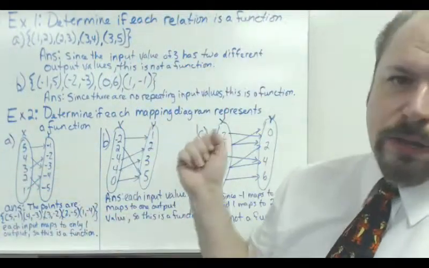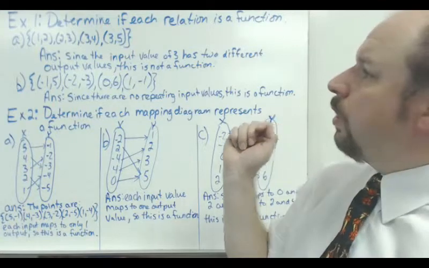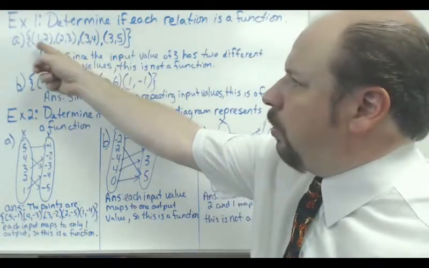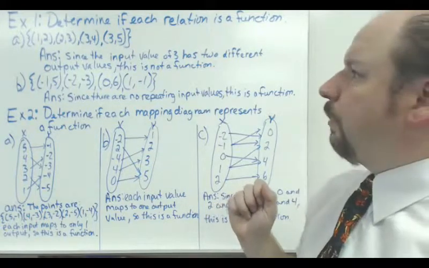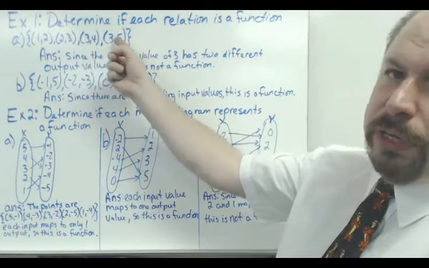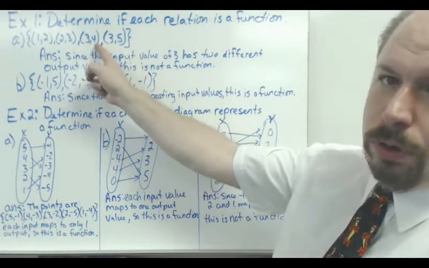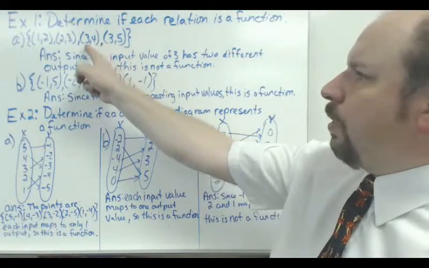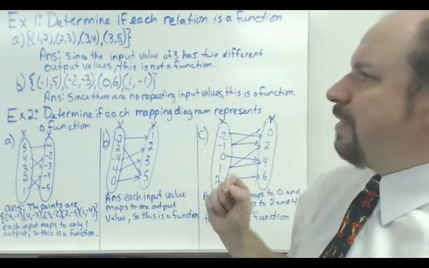For our first example, determine if each relation is a function. Let's take a look here. We have a set of points: (1, 2), (2, 3), (3, 4), and (3, 5). Notice the x value of 3 goes to 4 and 5. Because we have these repeated x values, this is not a function.